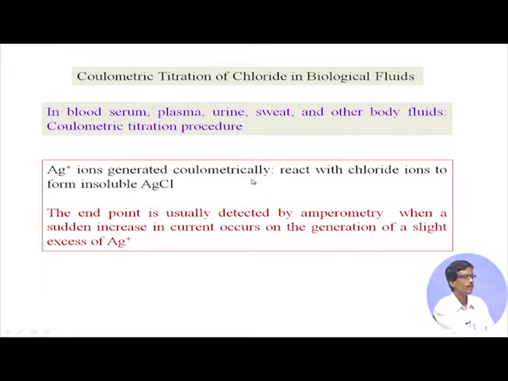That means the number of electrons transferred for the required number of silver ions to be produced in solution is known by the coulomb count, and these can react with the available chloride ions to give you the silver chloride precipitate.